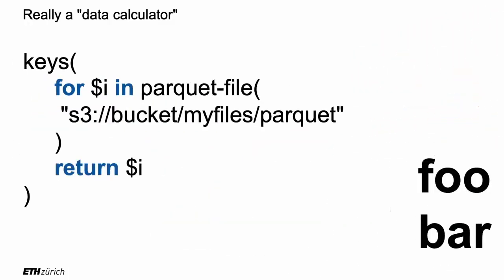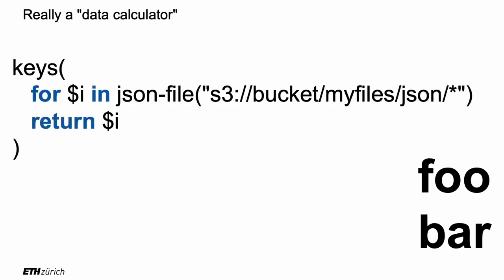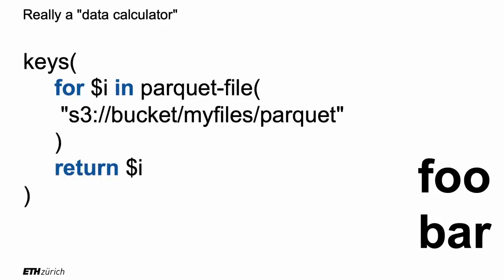But there is a difference in performance with these queries when you will use them. In the case of reading JSON, that will be a bit slower, because that query, as you imagine, will have to read the entire data, maybe petabytes of data. Can anybody tell me why this query will happen to be almost instant? Why can I almost immediately tell you the keys in there?